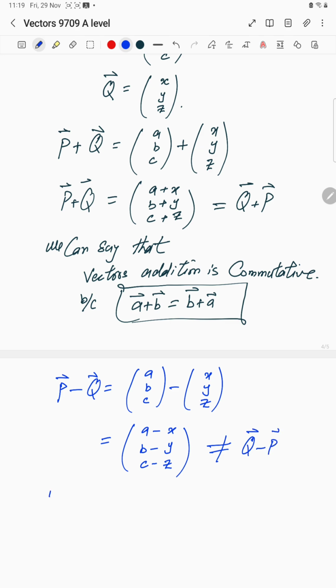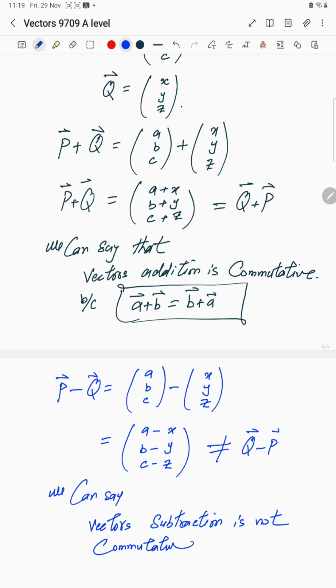So we can say vector subtraction is not commutative, because A minus B is not equal to B minus A. I hope it is clear.